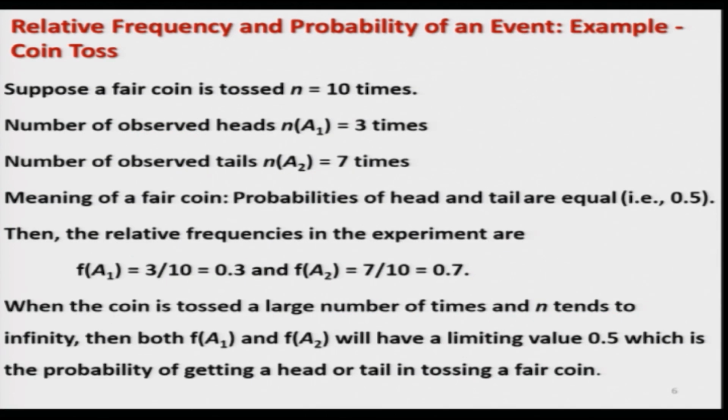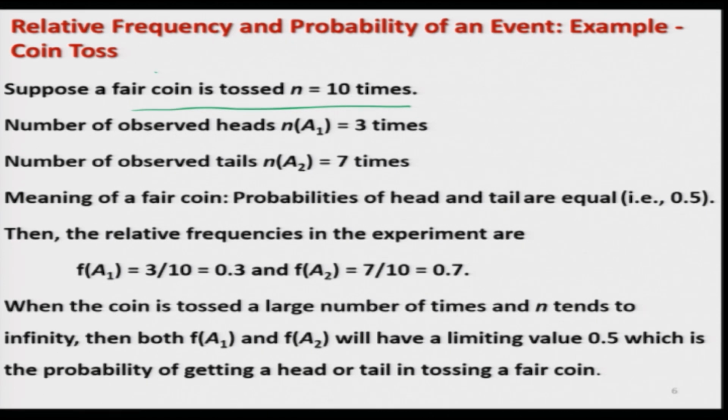Now, I will first explain the same example by considering some numerical values, and then I will show you using the R software that if you conduct, or actually simulate, such an experiment, you can see how the probability converges to the value 1 by 2. So, suppose a fair coin is tossed n equal to 10 times.